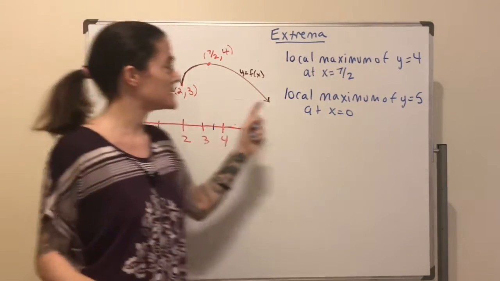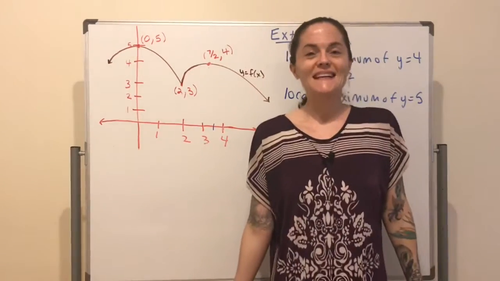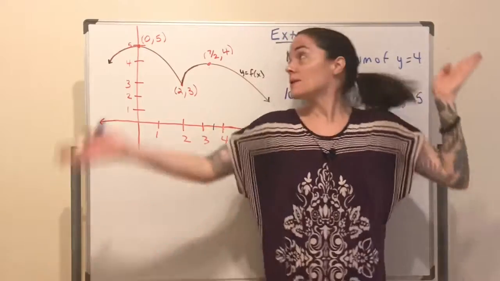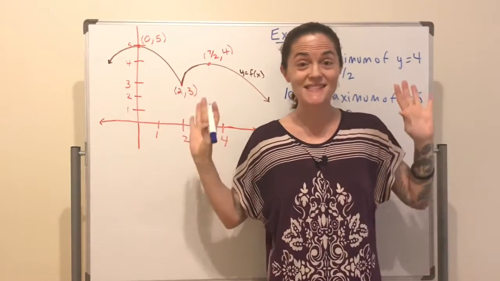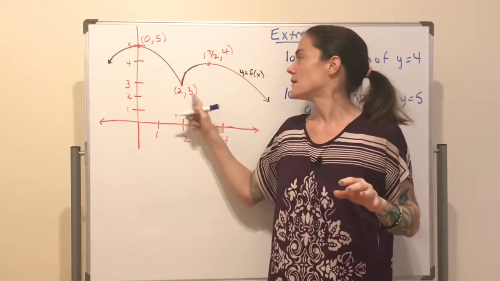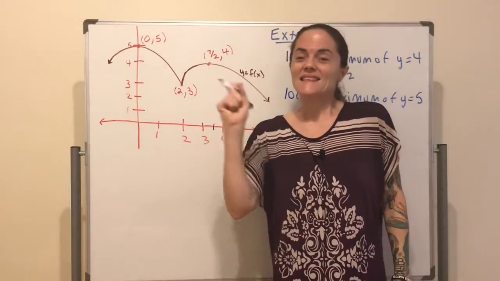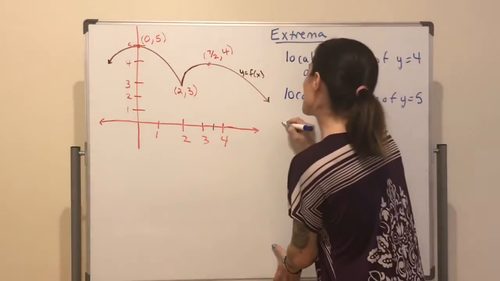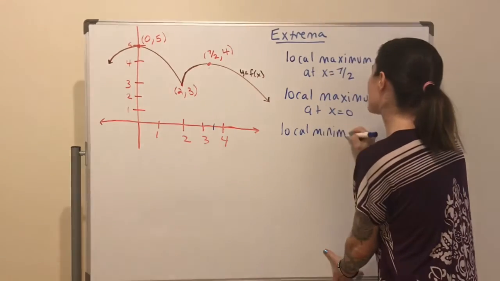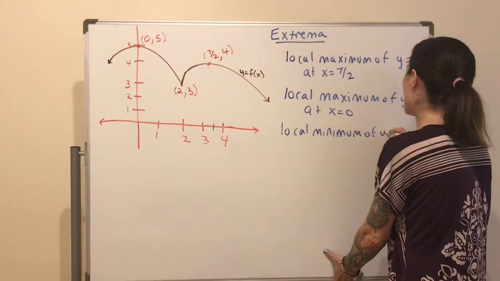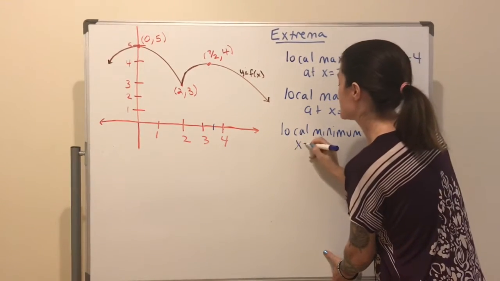If you stand at the point 2, 3, okay, now you have to look up in both directions. The function value on either side is greater than y equals 3. Look this way, look this way. This is a local minimum. So we have a local minimum of y equals 3 at x equals 2.